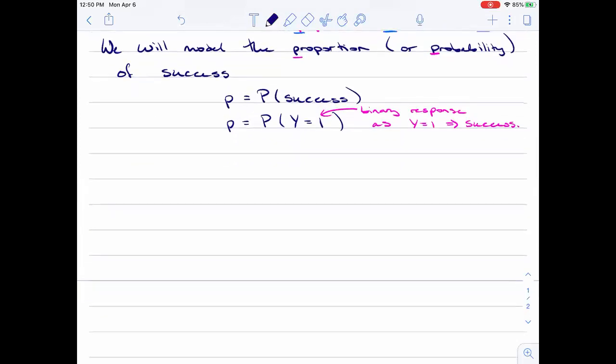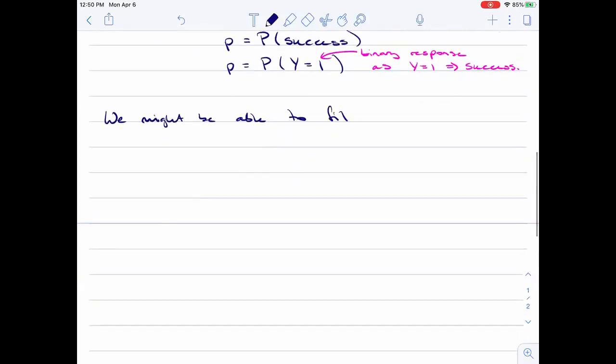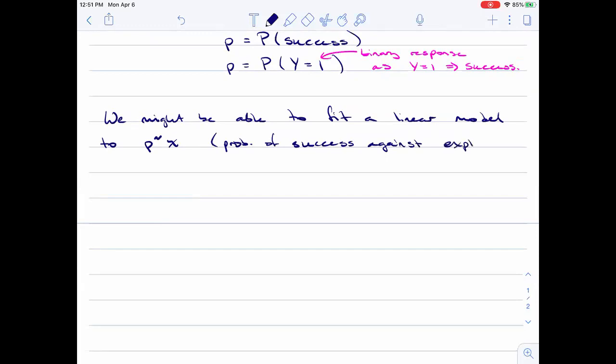So we might be able to fit a linear model to P against X, the probability of success against the explanatory variable, whatever it is.